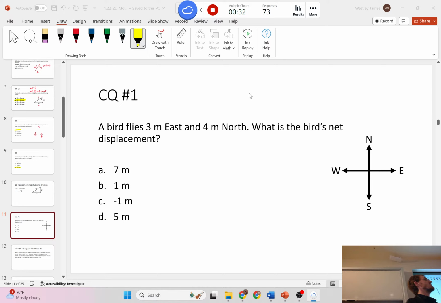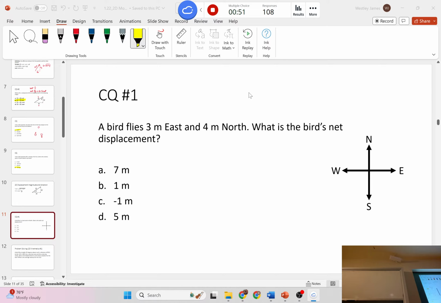I'll give you all till a minute, so 20 more seconds on this, because this isn't anything too fancy. Is the answer A, 7 meters, B, 1 meter, C, negative 1 meter, or D, 5 meters? All right, 5, 4, 3, 2, 1.